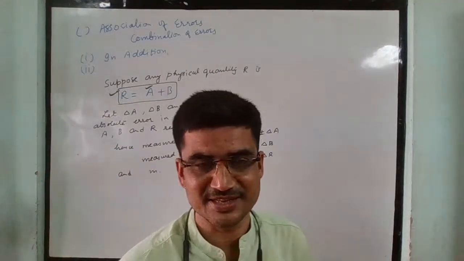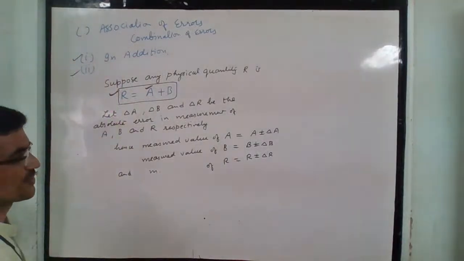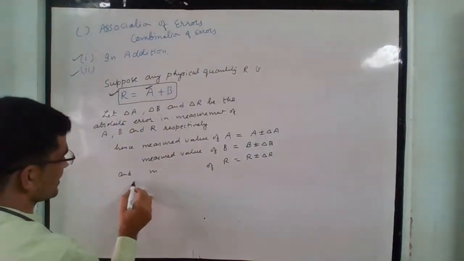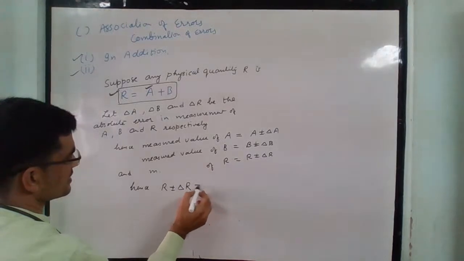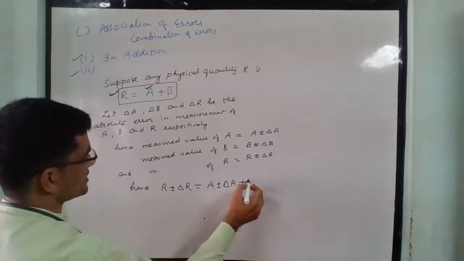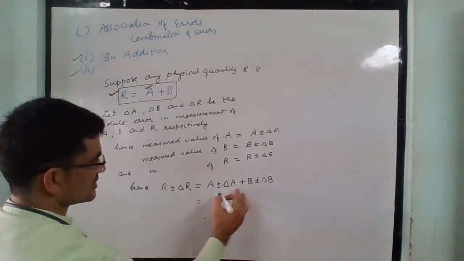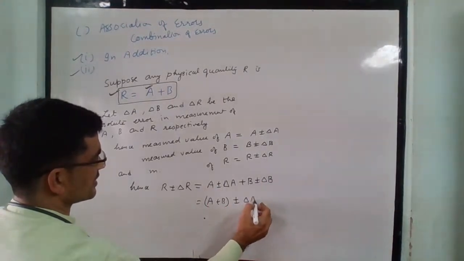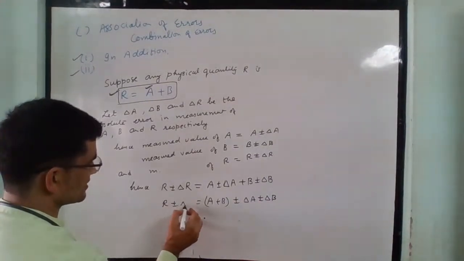This first example is very easy, and the second also. The third and fourth will be very useful. So very simply you will get here: R plus minus delta R is equal to A plus minus delta A plus B plus minus delta B. Okay, see, A plus B, make it separate, plus minus delta A plus minus delta B, R plus minus delta R.